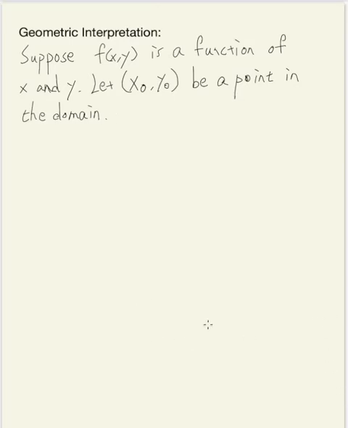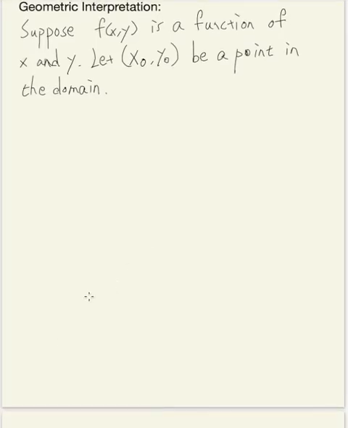Let me draw out the system first. Suppose we have a system like this. This is the y-axis. Oops, that's not straight at all. This is the y-axis, and then we have the x-axis, and then the z-axis. Probably don't need that tall.